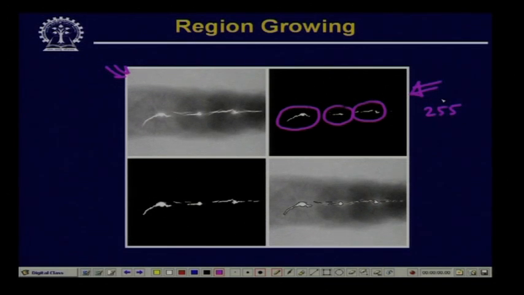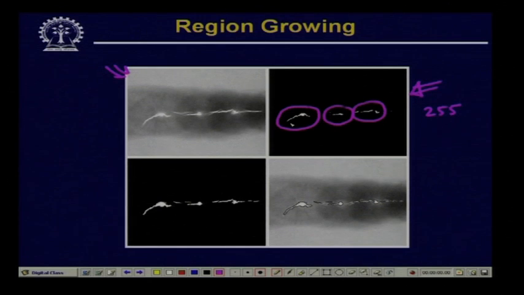And as we said, these faults usually appear as higher intensity values in the X-ray image. Then the seed points are actually selected as all the points in this thresholded image having a value of 255 after the thresholding operation, and then you start the region growing operation around each of these seed points.